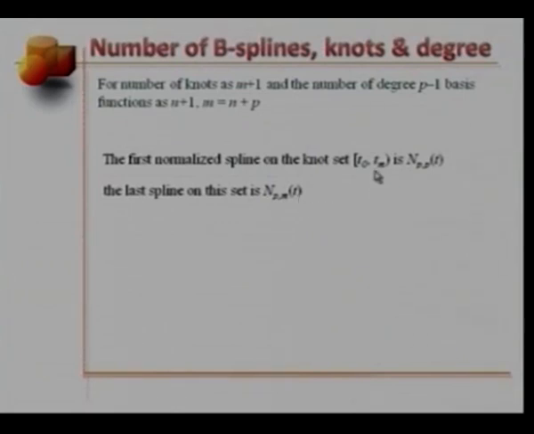Clearly, because T sub m is the last knot in the span. Now, if you count, there will be m minus p plus 1 basis splines. Since we have n plus 1 basis splines already, n plus 1 has to be equal to m minus p plus 1, which would give us the result m equals n plus p right here.